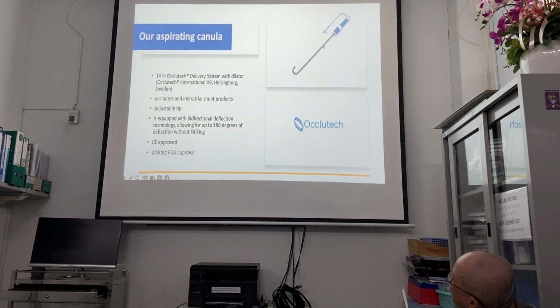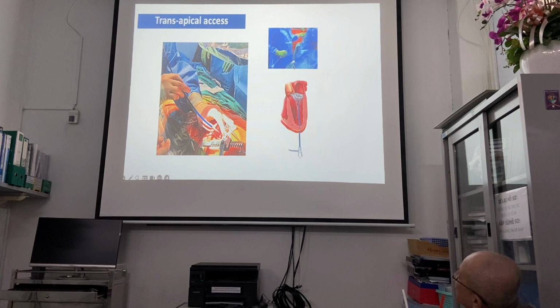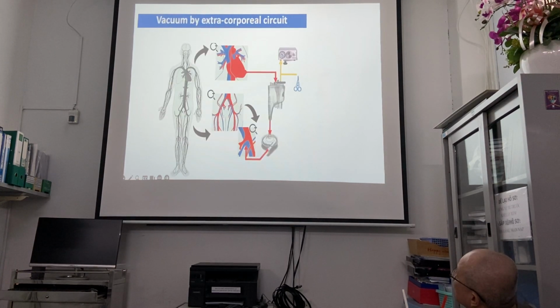When you steer this wheel here, then the angle will change. You can make it larger or smaller, so this angle can be changed, and you can rotate it. So the surgeon introduces it, and then I will try to go to the valve and then try to aspirate it. So this is the setup.